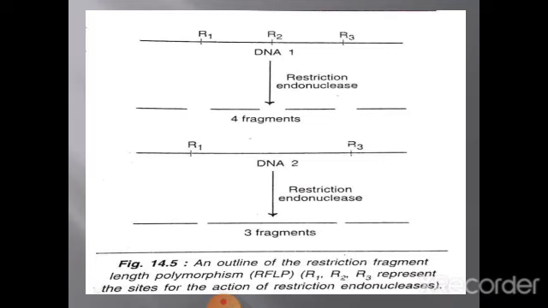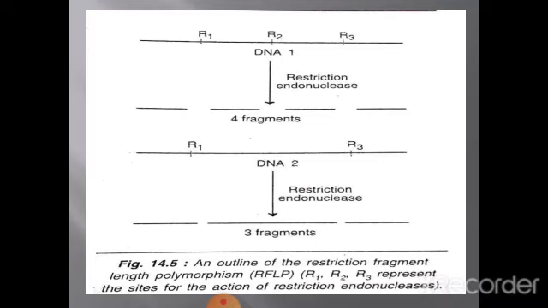The diagram explains an outline of RFLP. So what exactly does it tell us? This is a DNA molecule. There are 2 DNA molecules, DNA 1 and DNA 2. You can make out in the diagram that DNA molecule 1 has 3 restriction sites, R1, R2 and R3.